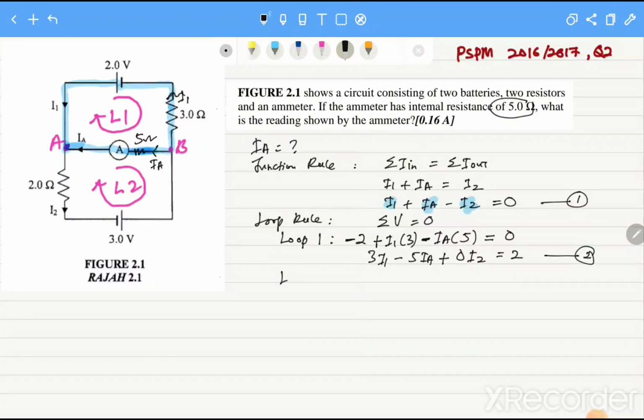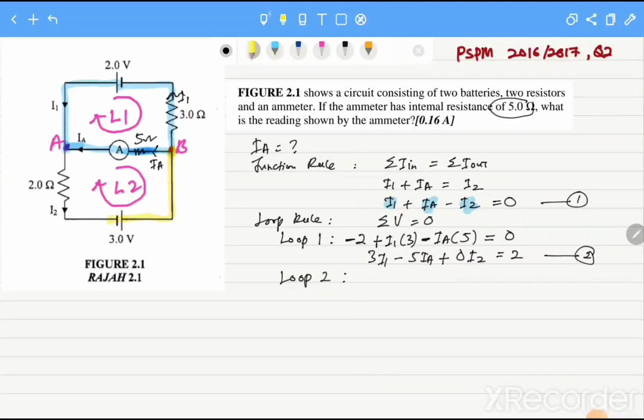Okay, next I'm going to write the equation for loop 2. In loop 2, I will travel in the clockwise direction. Suppose I start at point B. So starting from point B, I move in the clockwise direction.